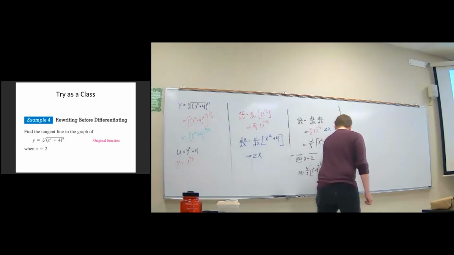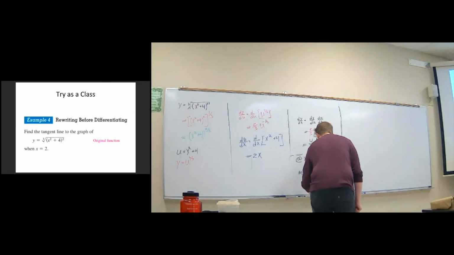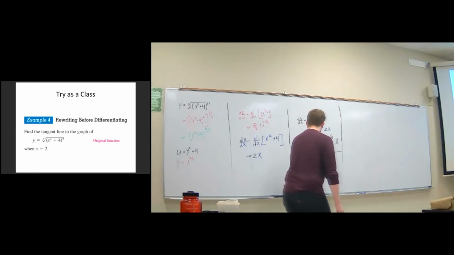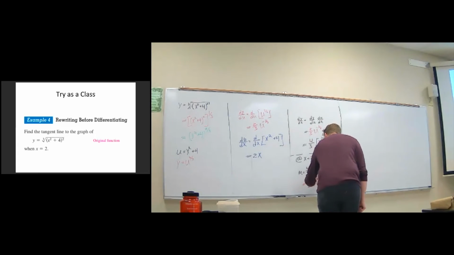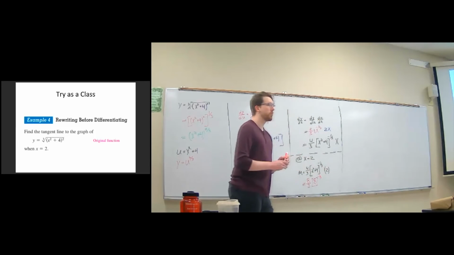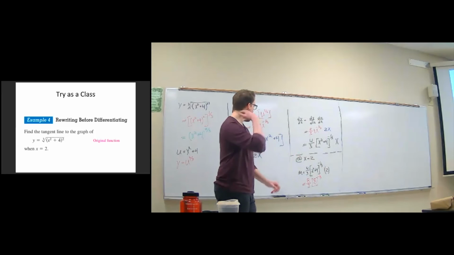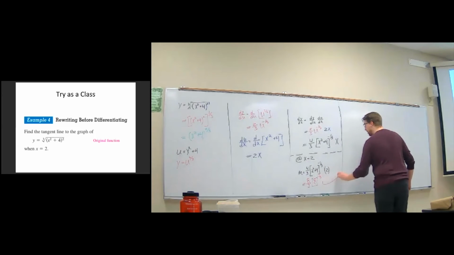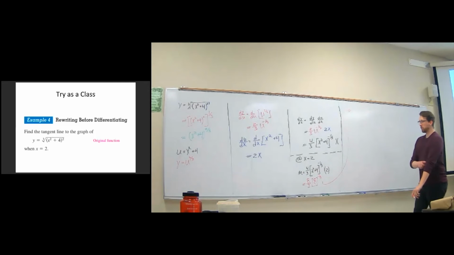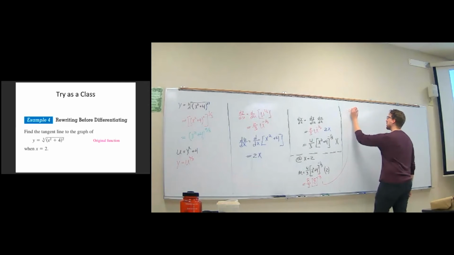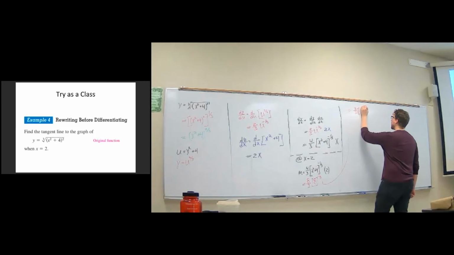So this is going to be equal to 8 over 3 times 4 plus 4, which is going to give us 8, to the negative 1/3 power. Now I'm going to bring this over because I'm out of room. 8 over 3 times 8 to the negative 1/3 power.